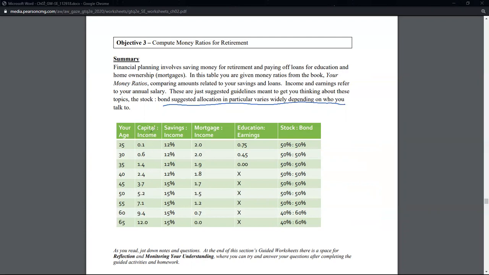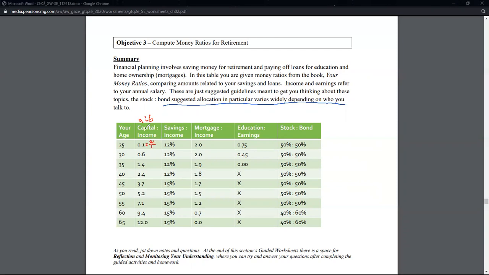This first column right here is your capital to income ratio. Now, they don't have any other numbers here. This is talking about a ratio, one thing to another thing. This is an A to a B. So your capital to your income, they are not showing a second number, so they're writing these as fractions, which means this 0.1 is really 0.1 over 1.